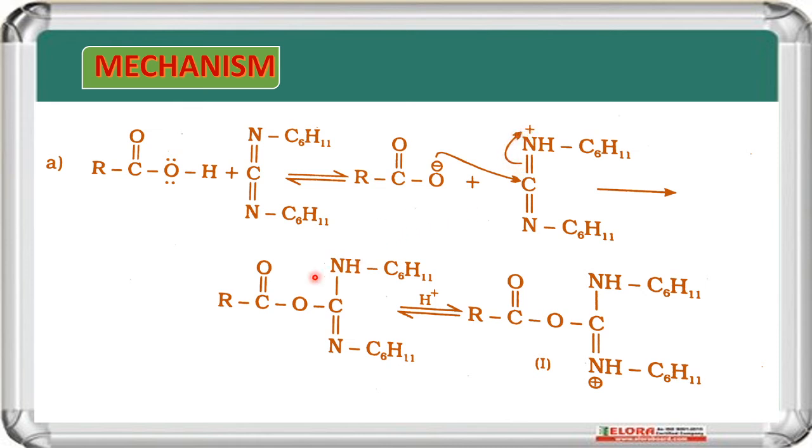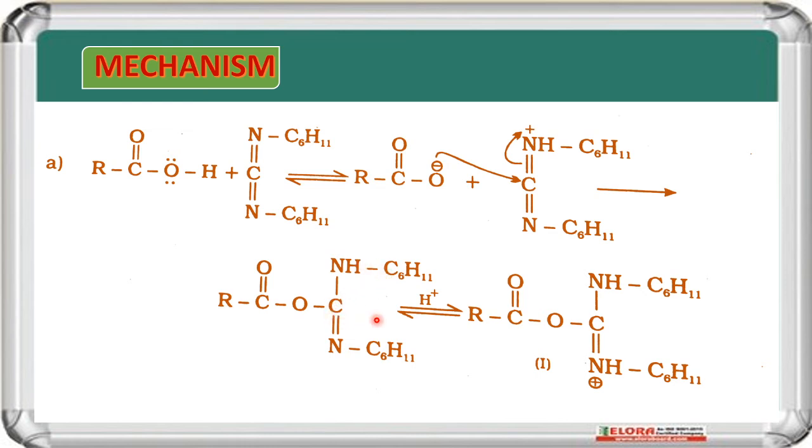And see this step: here the RC double bond O, OH acid group is attached to the carbon atom of the DCC molecule, and here is the neutral charge formation with the NH molecule. Here is the positive charge, it gives electrons, and here is the formation of neutral molecules.